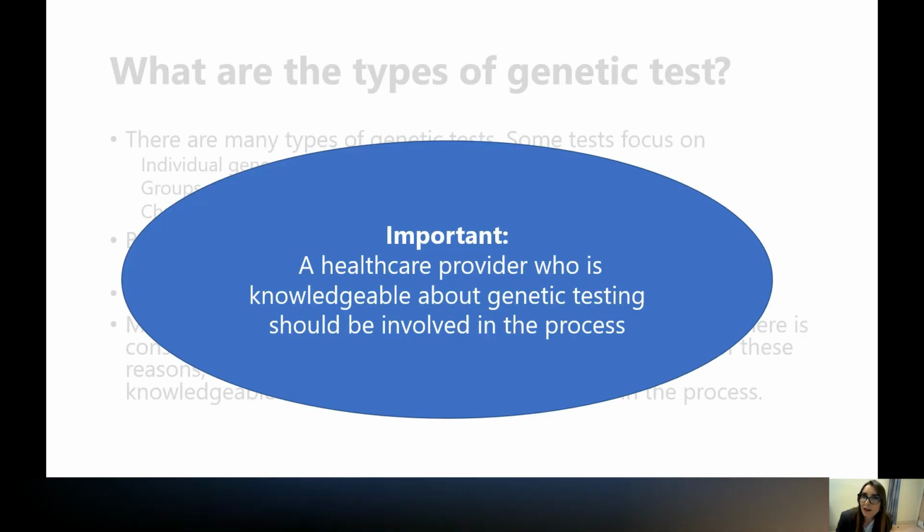So why is all of this so important? Because we have so many different types of tests, and those tests need interpretation, it's important to have a healthcare provider that is knowledgeable about genetic testing, involved in the process of ordering and interpreting those results.